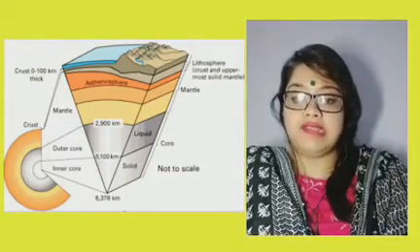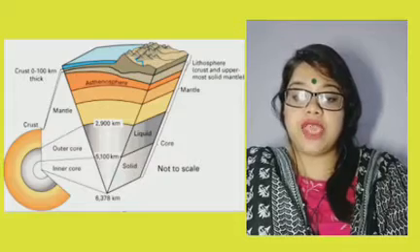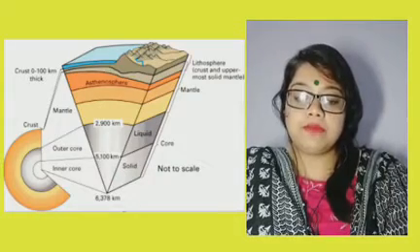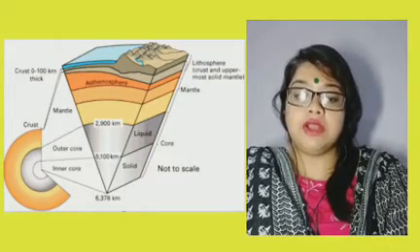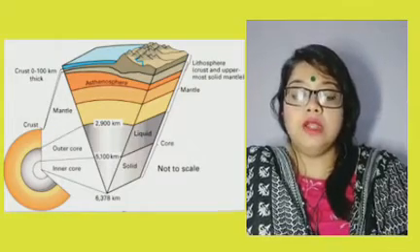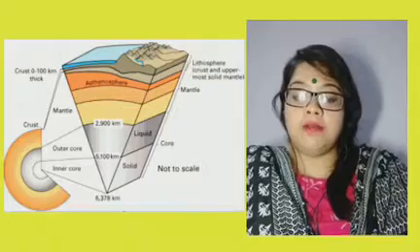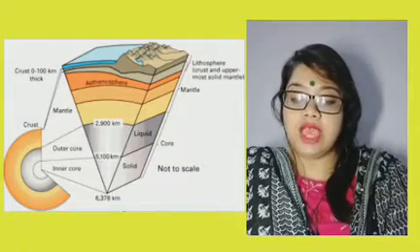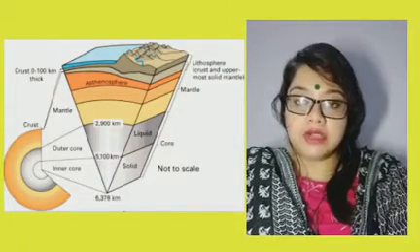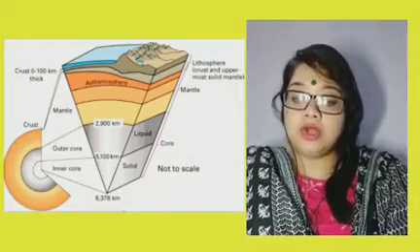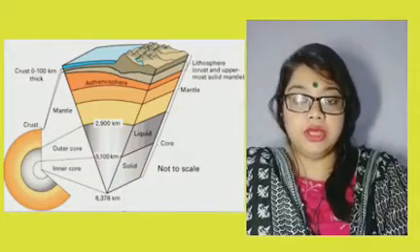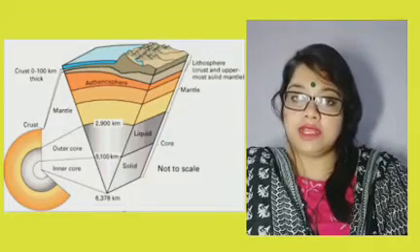Now next, coming after the crust, we have the mantle, which has the upper mantle layer called asthenosphere or the LVZ. Beyond the mantle, we have the core. We can divide the core in two parts, solid and liquid. The outer core is liquid in nature and the inner core is solid in nature.